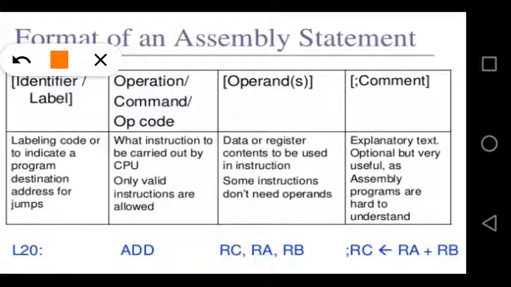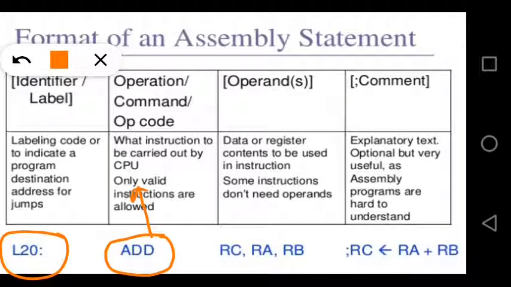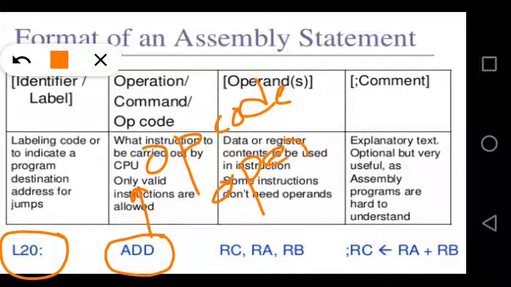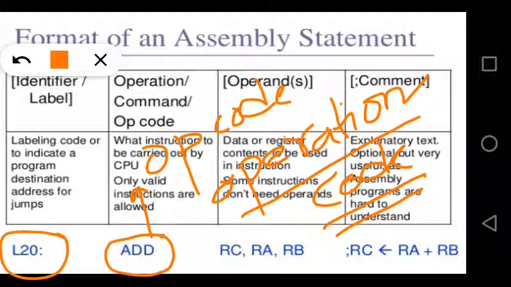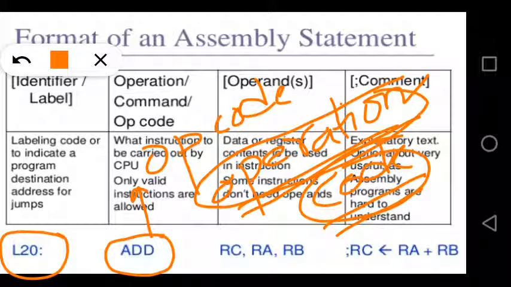We'll see the format. First we try to understand this one. This is the opcode, or operation code. What instruction is to be carried out by the CPU? Only valid instructions are accepted by the ALU.